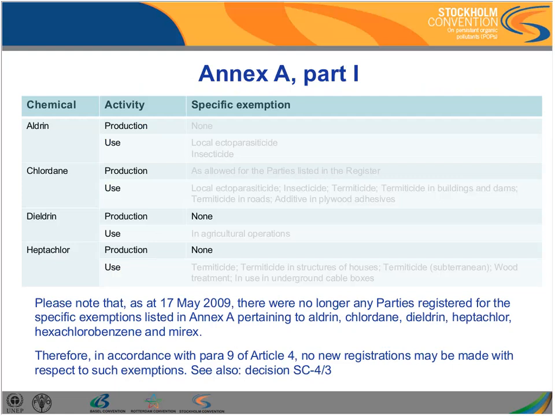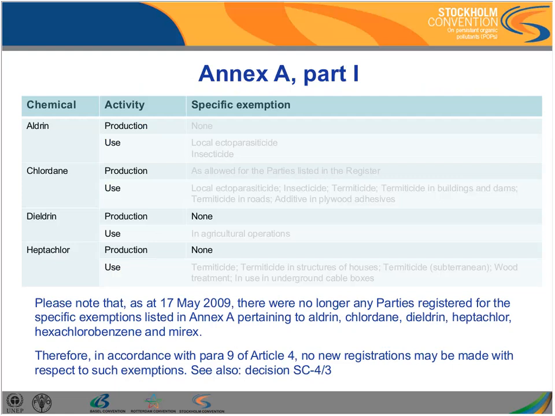In my next slide, I'll be showing the chemicals listed under the Stockholm Convention with specific exemptions or acceptable purposes. As you can see in this slide, all of the specific exemptions are in gray.